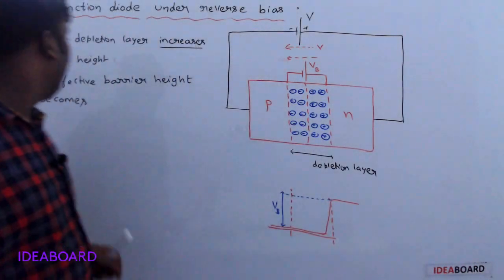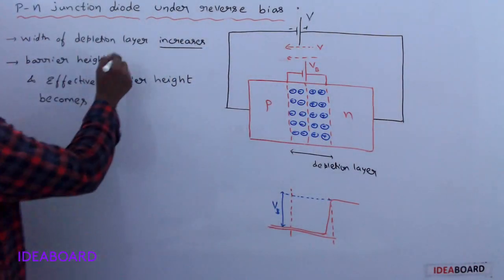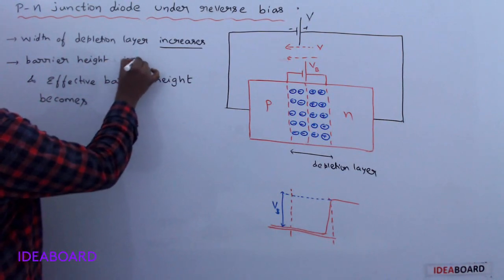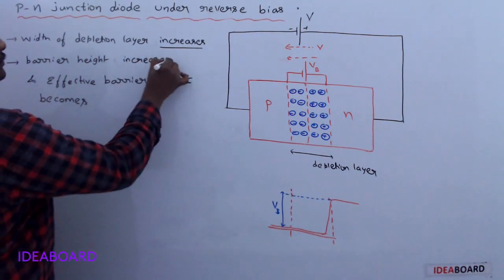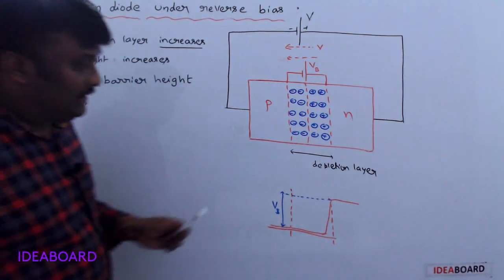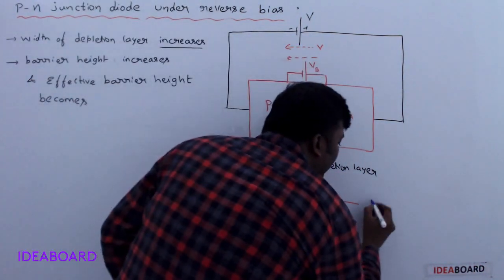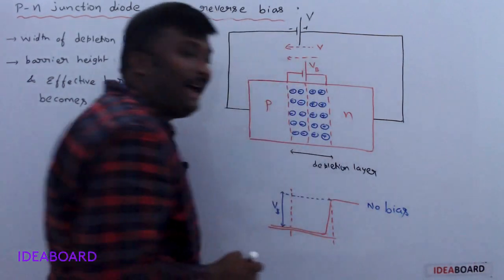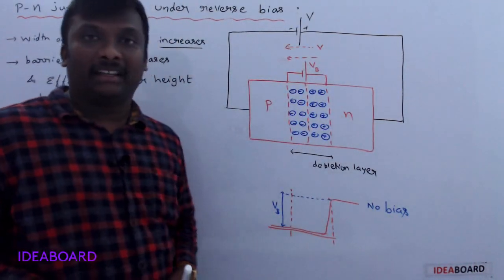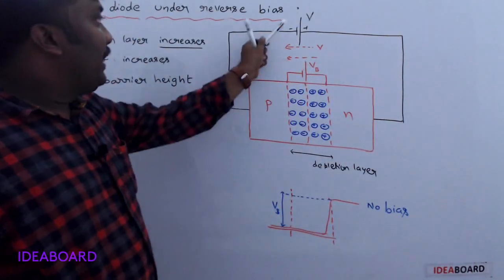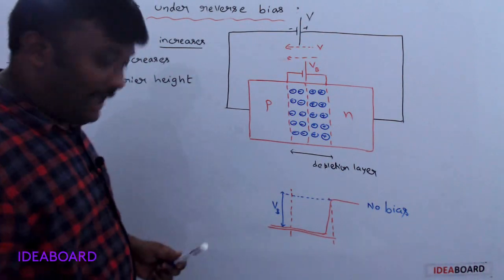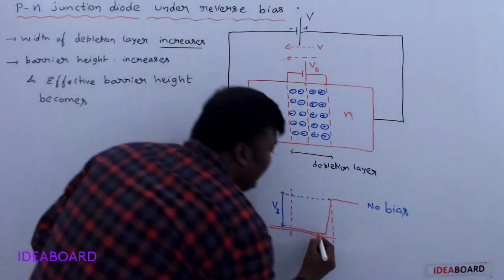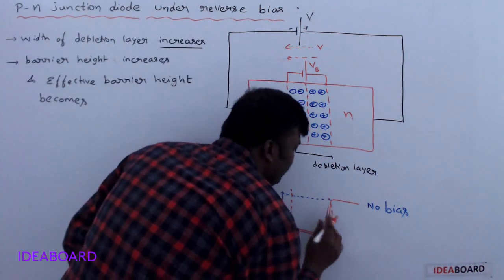Clear? Next, barrier height. Barrier height increases. This is under no bias. No biasing means no battery is connected, and this is the barrier height. Now, whenever you connect an external battery, what happens? This height rises.